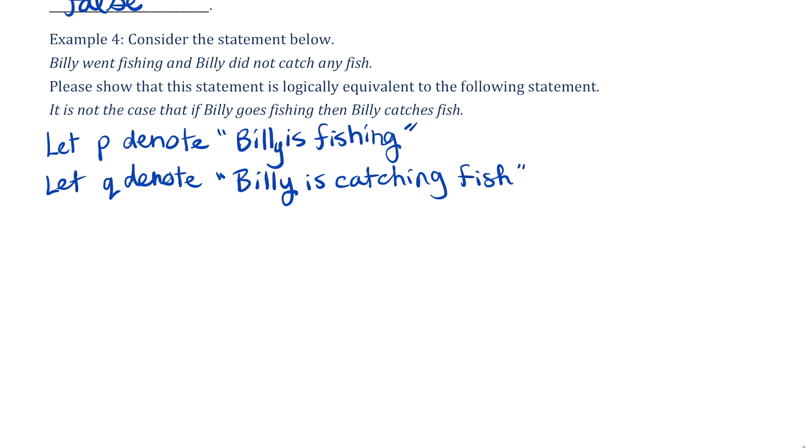His first statement is saying P and, not Q, right? Because he wasn't catching fish.